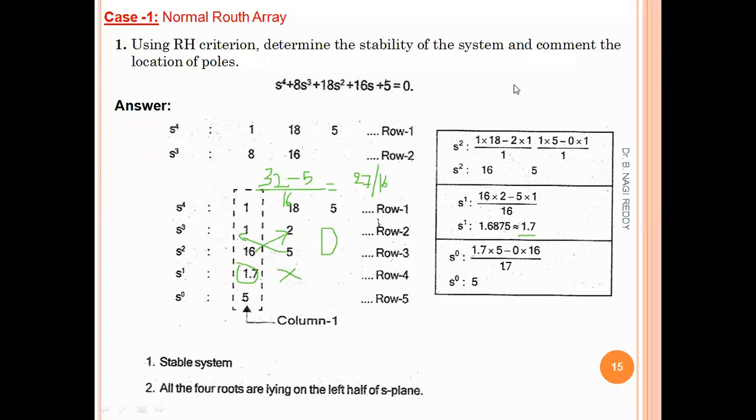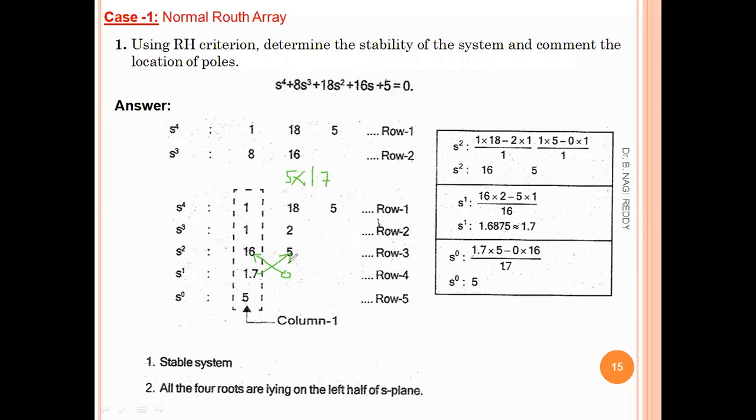And now the last coefficient, s power 0. For s power 0, we need to multiply 1.7 into 5 minus, here there is no coefficient, that means 0. So 0 into 16 becomes 0. So 5 into 1.7 minus 0, by 1.7.